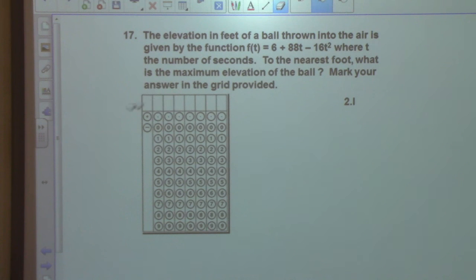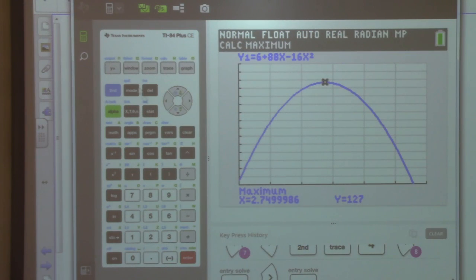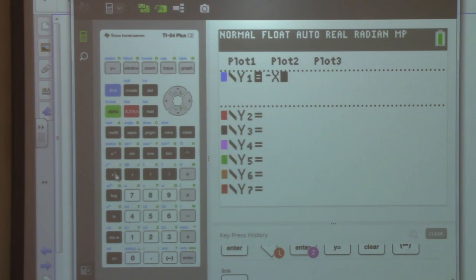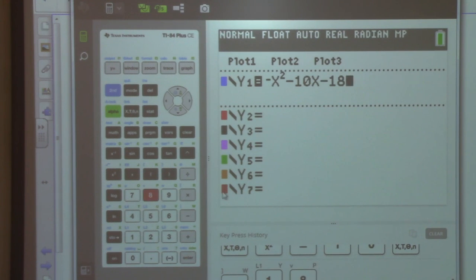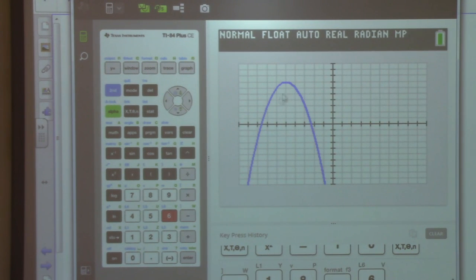And the last one was one that caused some people problems. You have negative x squared minus 10x plus 8? Or minus 18? Is that what it is? Okay. You graph this. I'm going to go to zoom 6. And so what you're looking for is the x value where that occurs.